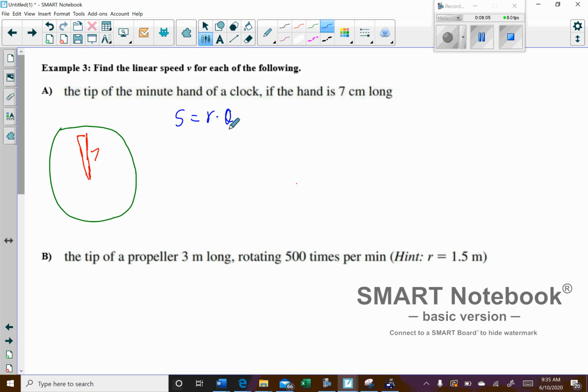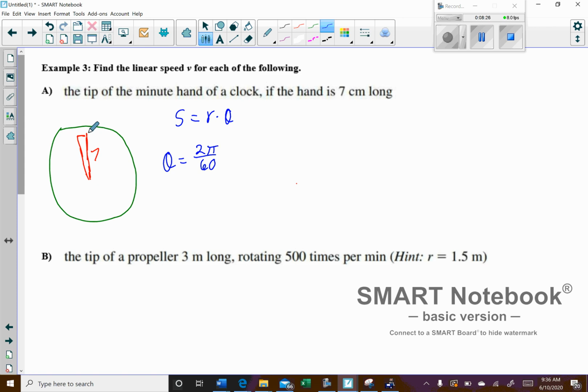So, you know, there's 60 minutes in an hour. So basically, it's going to be 1/60th of a rotation is what's going on. So a full rotation would be 2 pi. So theta is going to be 2 pi divided by 60 because we're only doing 1 minute.